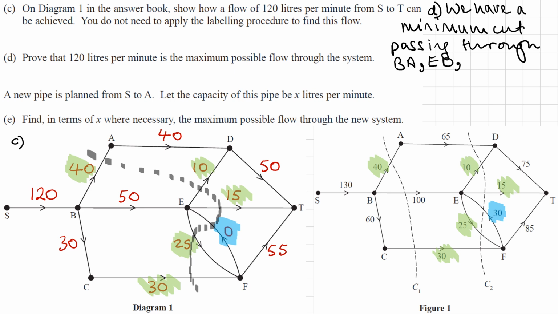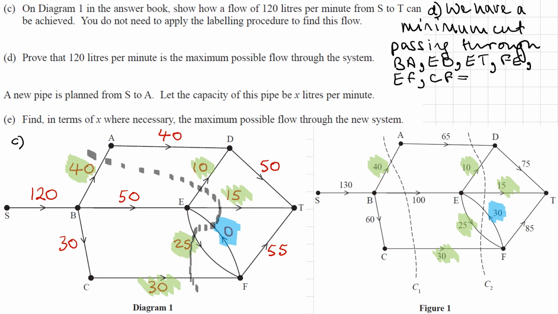Then from ED it passes through ET. Then from there it passes through FE, and then it passes through the arc again but in the other direction, so I'll label that as EF. And then from EF it passes through CF.